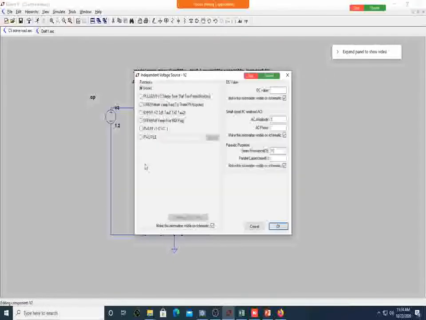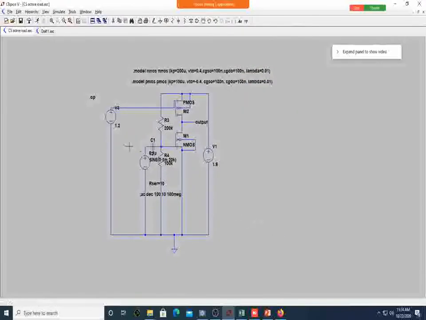Yes, sir. I'll go here. I'll take sine. This is 0. Let me apply 1 millivolt. Okay, 1 milli. And then let it be 20k. That's it. Okay, AC amplitude, let me remove that. Run it.